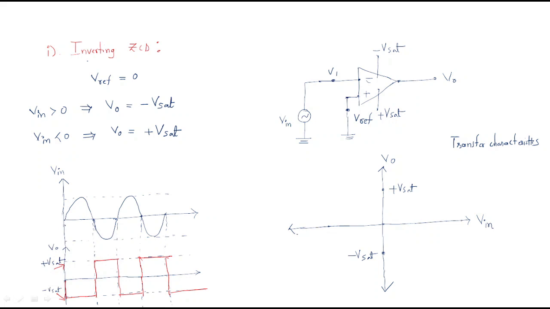Whenever V input is positive, the output is negative. And whenever V input is on the negative side, the output is positive. Okay. So this is about the inverting zero crossing detector.